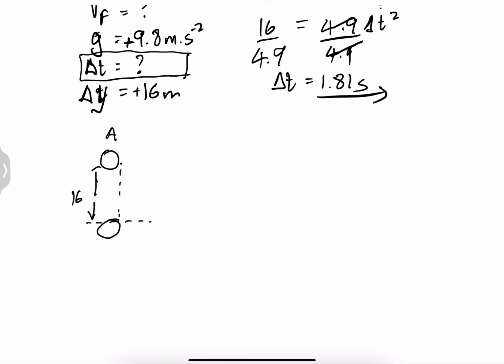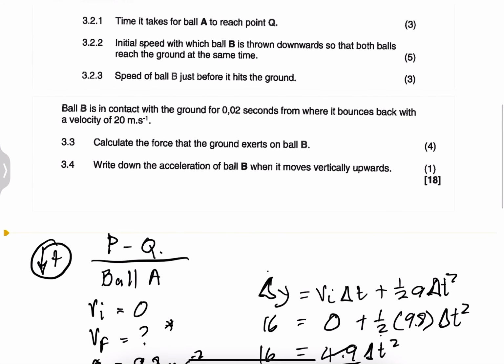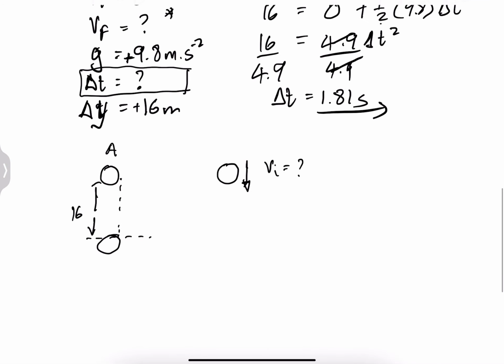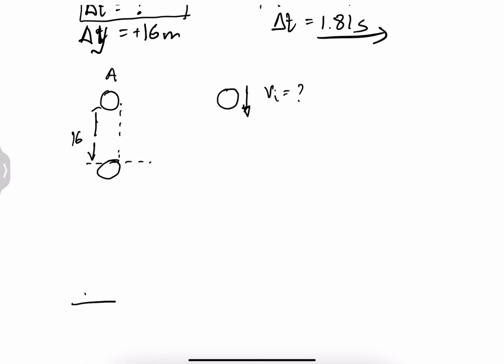But at the time when ball A was 16 meters below, we threw ball B, giving it an initial velocity, and that's exactly what we're looking for. In order for them to reach the ground at the same time, we must give it an initial velocity.